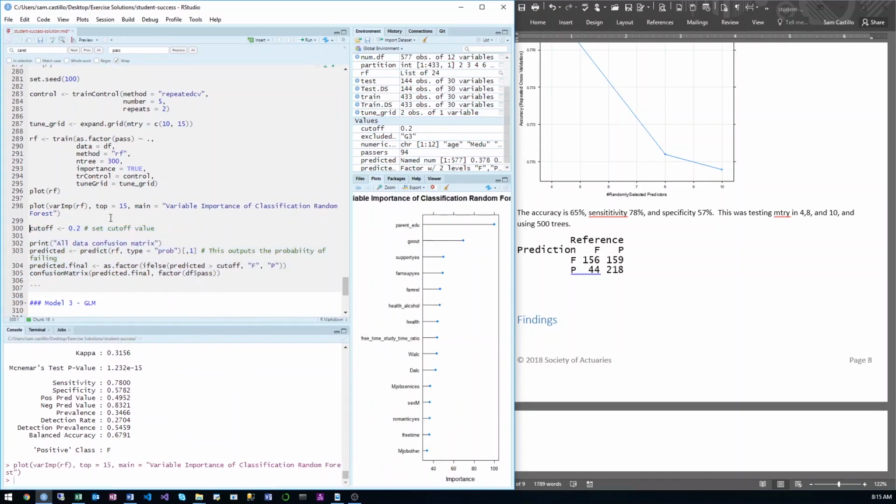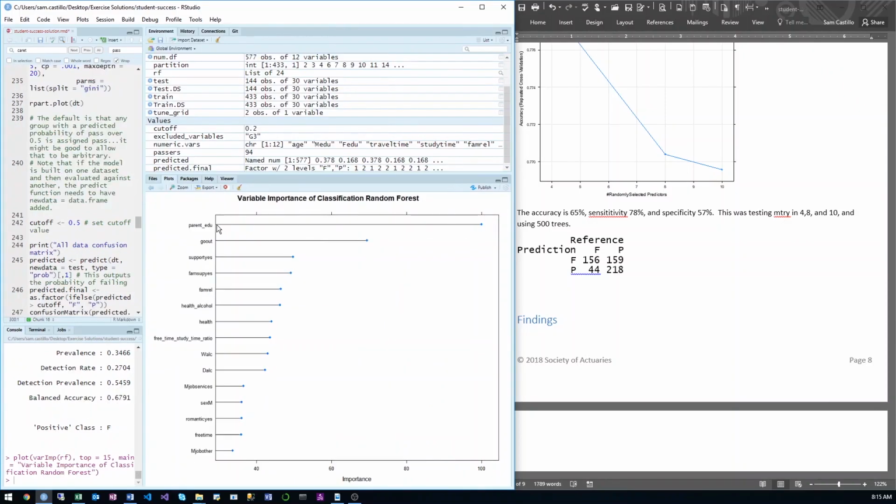Just look at the variable importance. It shows that the parent's education is the most important, next by go out, and if they have support. It's nice when you engineer a feature, like I engineered parent education and support, and then those show up as being the most important.